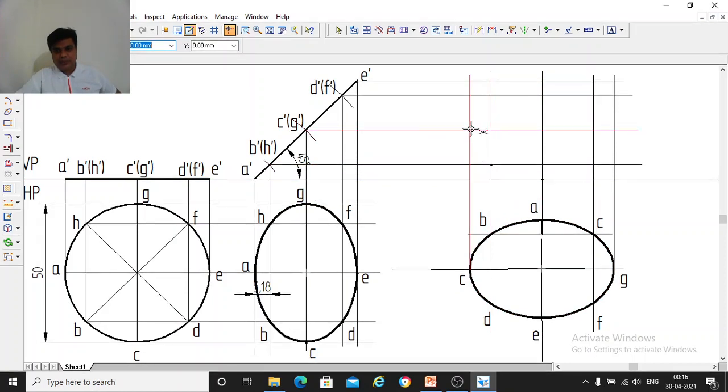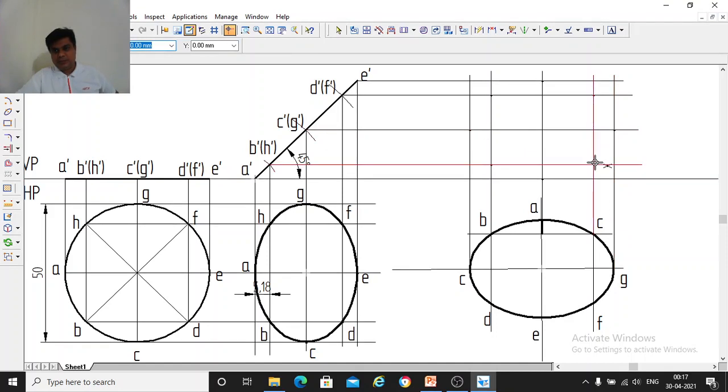Similarly C and C dash is here, C dash, then D dash, then E dash, then this will be F and F dash. This is new point F dash. Similarly this is the new point G dash.